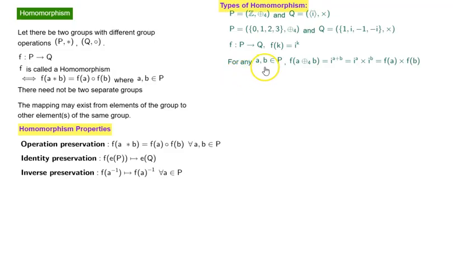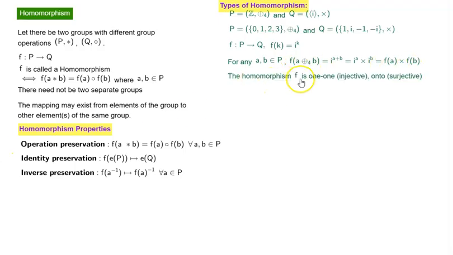So for any A, B in P, F of A addition modulo 4 B is equal to I to the power of A plus B, which can be written as I to the power of A times I to the power of B. Now, I to the power of A can be written as F of A, and I to the power of B can be written as F of B. And here the Q's group operation comes. So we have a homomorphism.